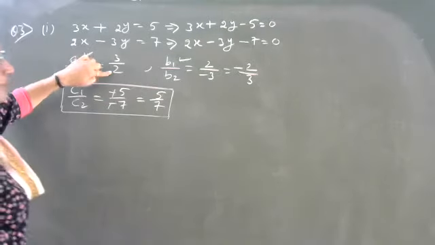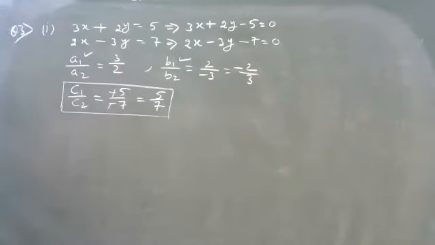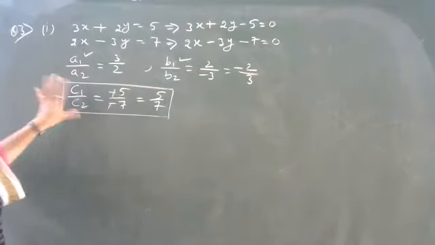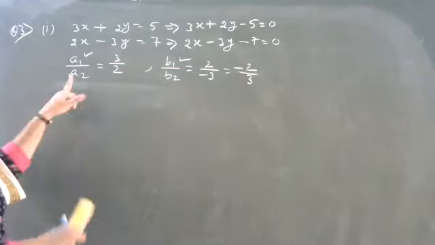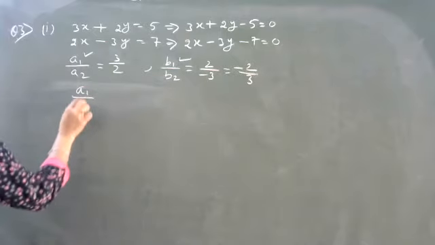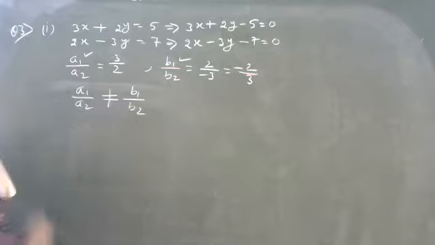This is 3/2 and this is minus 2/3. One is positive, other is negative, so both cannot be equal. So we do not need to calculate the third ratio. From these two only we can say a1 over a2 is not equal to b1 over b2.